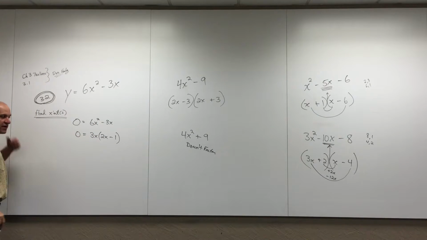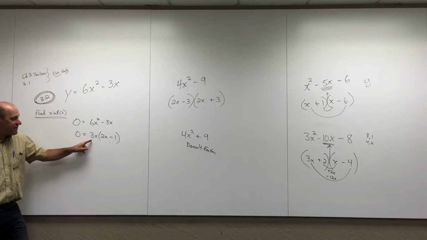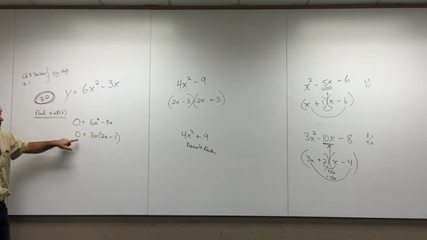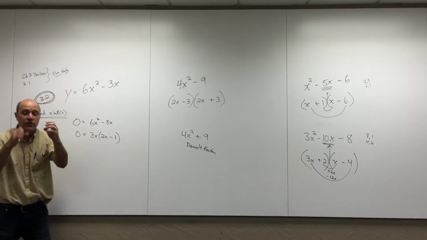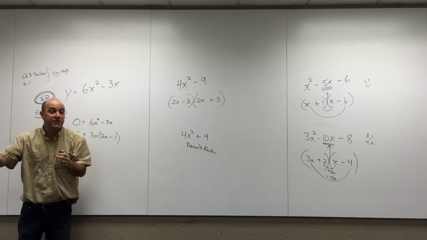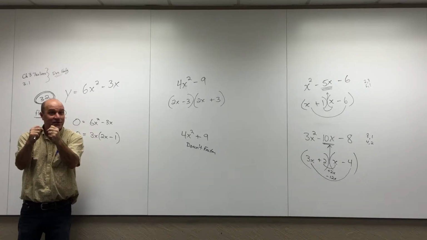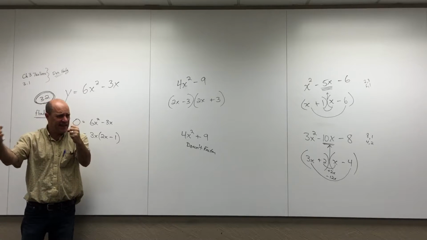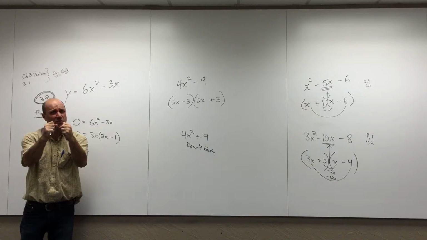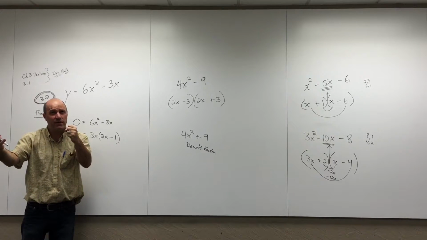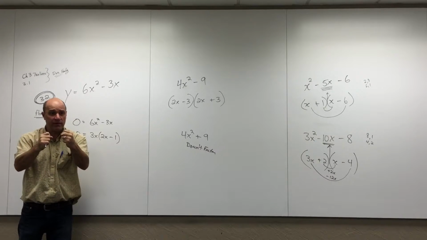All right, here comes a concept. When you have this thing factored and it's equal to 0, you have two things multiplied and the answer is 0. It's very logical. If two things are multiplied and the answer is 0, what's got to be true? One of those better be a 0.